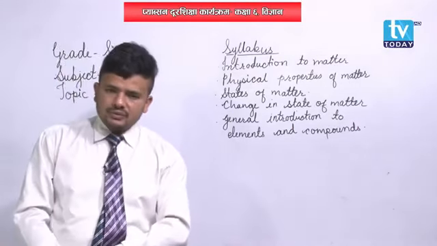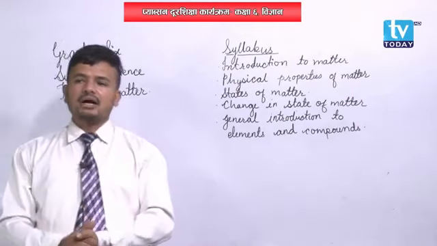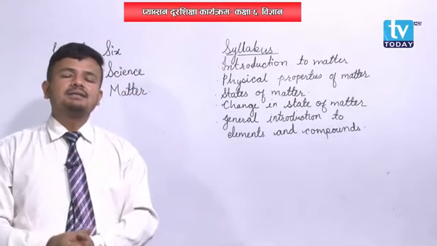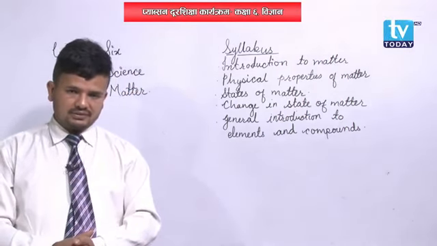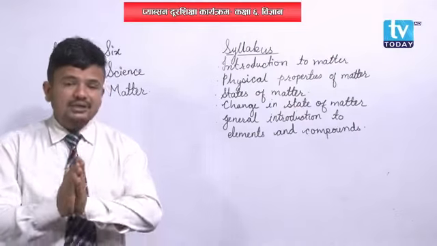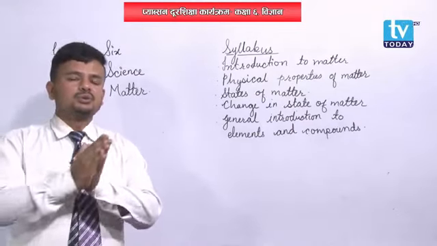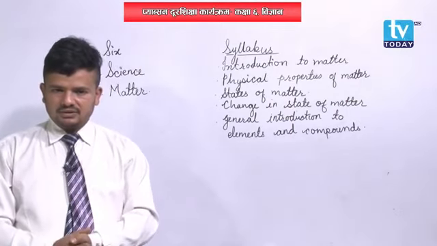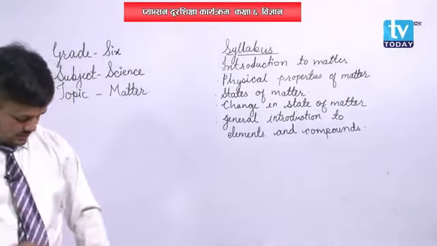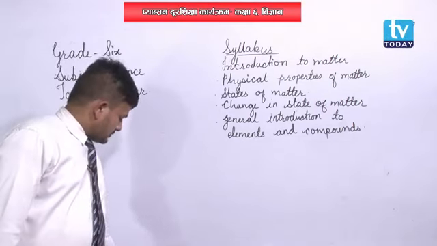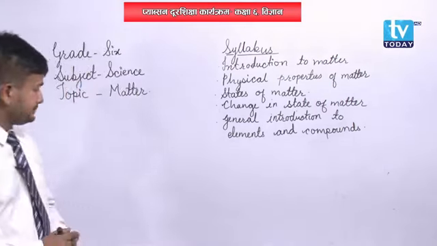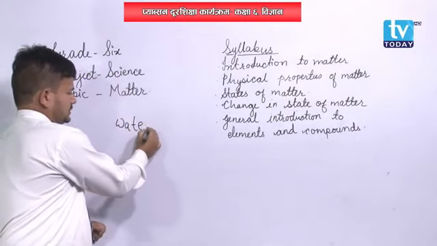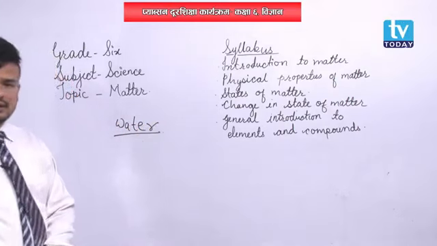So how can you define compounds? Compounds are pure substances made by similar type of molecules, and they are also made by the combination of two or more elements in a fixed ratio. See here, water is a compound.